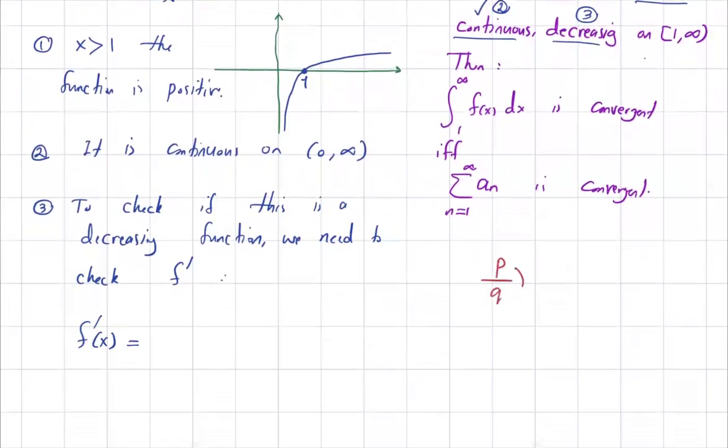If you have p over q, the derivative is p prime q minus p q prime, divided by q squared.